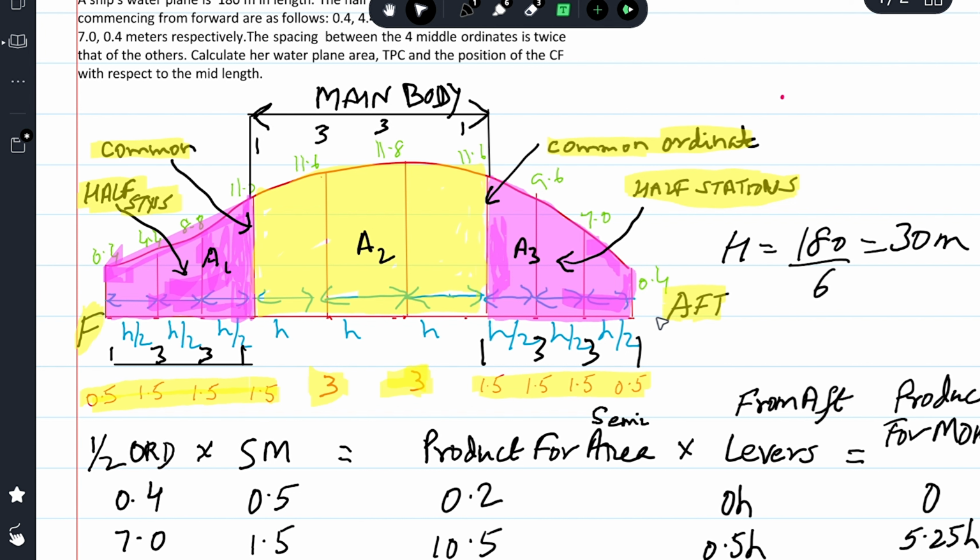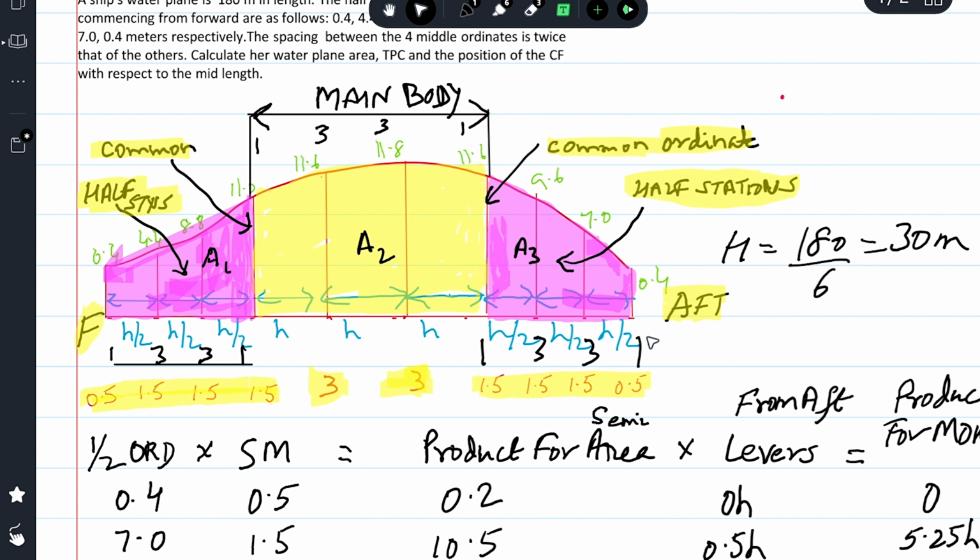So in the aft, 1, 2, 3, 3 ordinates from aft are 0.4, 7.0 and 9.6. Here the interval is h by 2, so the Simpson's multiplier will become half.